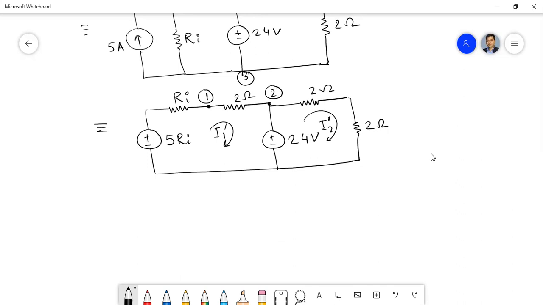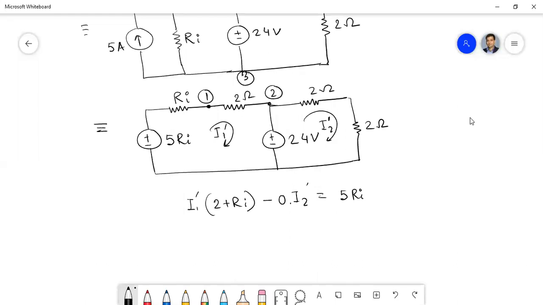And what are the loop equations? What will be the first one? 2 plus Ri times I1 prime equals to 5 Ri.